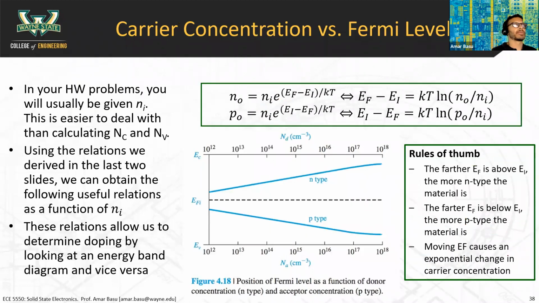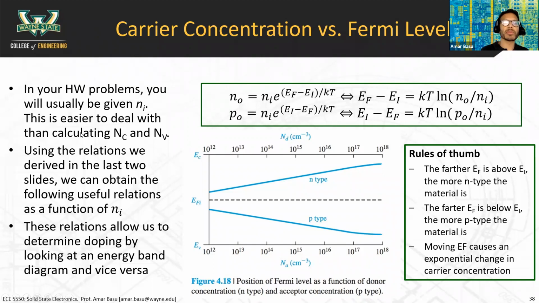Okay. So this next slide, I hope, will give you a little bit of intuition on the carrier concentrations versus the Fermi level. So we have these equations here. Now, what is the purpose of this slide? You'll see it's going to become very useful for your homework problems.